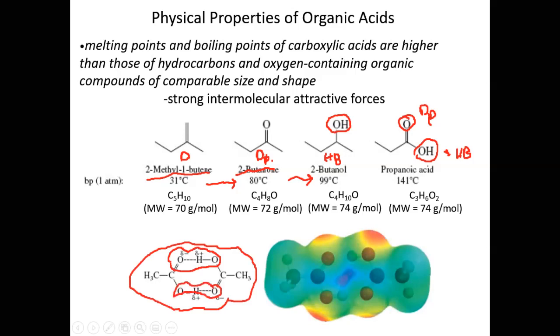So it forms this tight interaction between the two, and since it's very tight, it's a very strong intermolecular force. This is a very common interaction with carboxylic acids. Probably the most common thing carboxylic acids do is form these hydrogen bonded dimers.